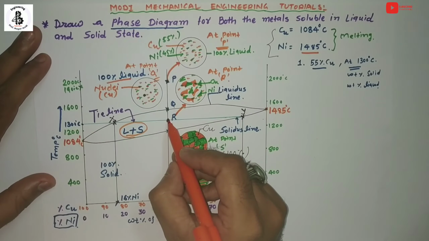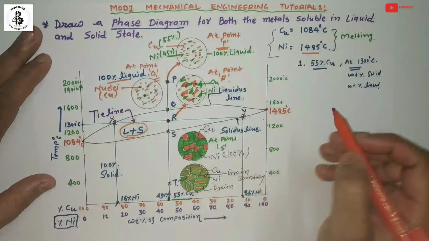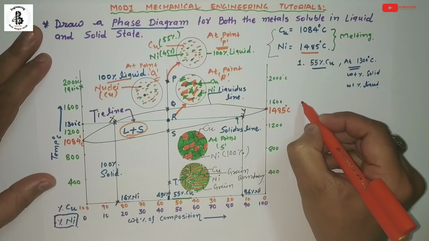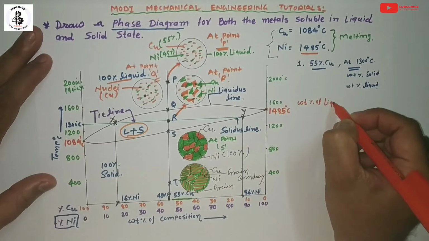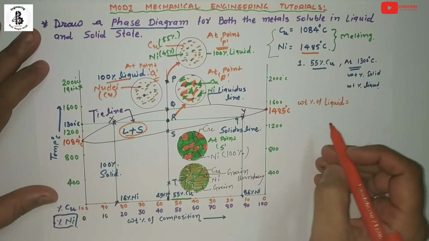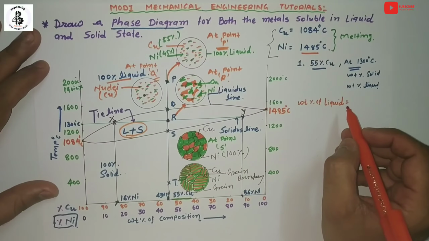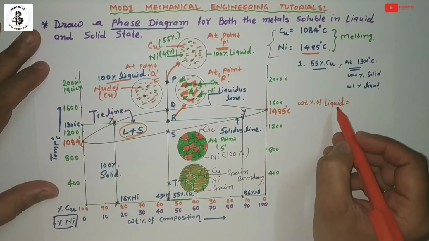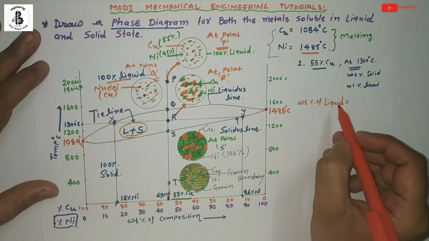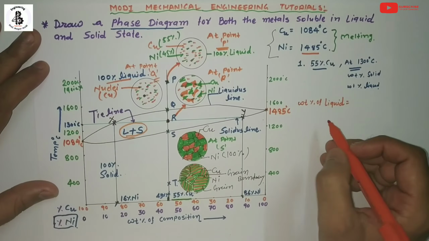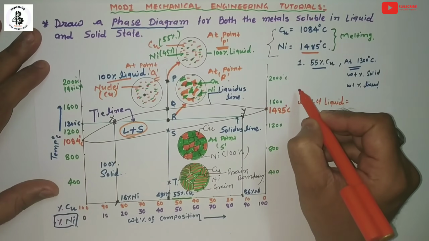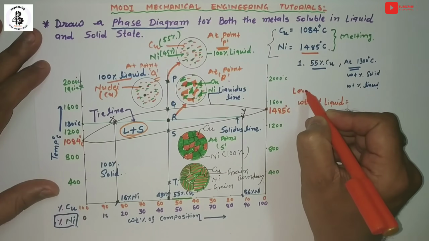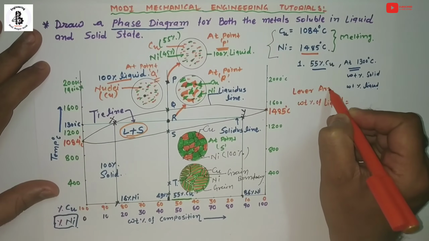That liquid will be converting into solid. For the weight percentage of liquid, take the side of intersection with the solidus line. Keep in mind the lever arm rule.